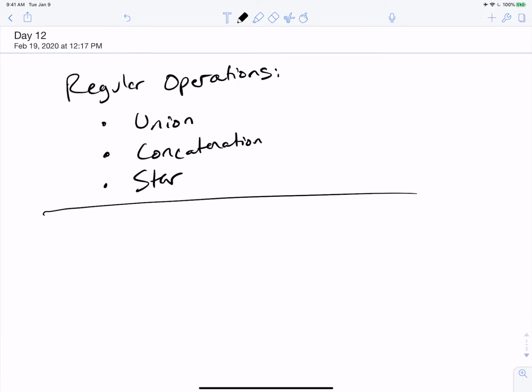The other operations that we talked about are intersection, and what was the last one? Yeah, complement. Good. So those are the 5 main operations that we talked about. There were some other ones that we did in the homeworks, but these are the main 5.